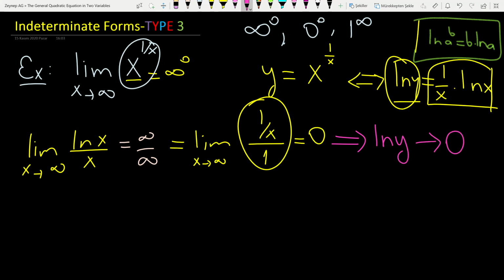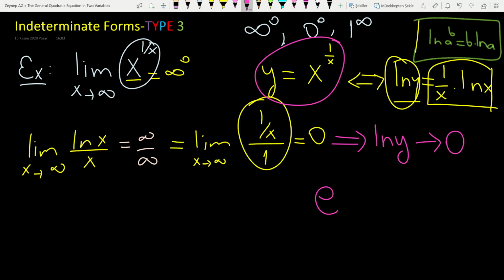So what is the question? What do we look for? What about y, right? Since the function is y, not ln y. Since ln y goes to 0, if you take the exponential of both sides, what do you have?